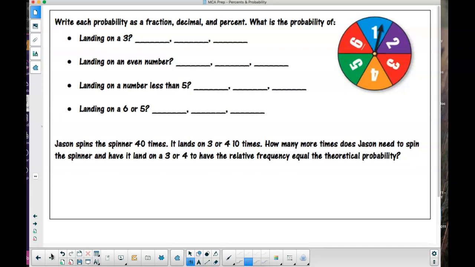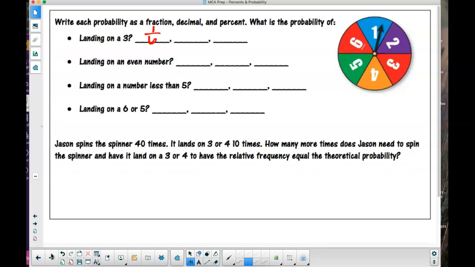If I asked you what is the probability of landing on a 3, what would you say? As a fraction first. Let's just start with the fraction. Matthew. 1 out of 6. Okay, now let's turn that into a percent. Use your calculator, just do 1 divided by 6.